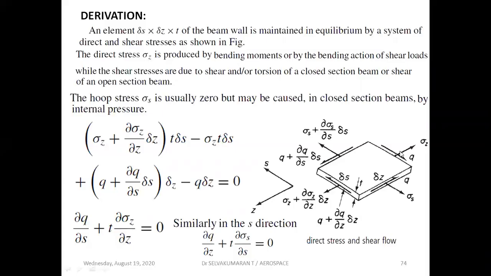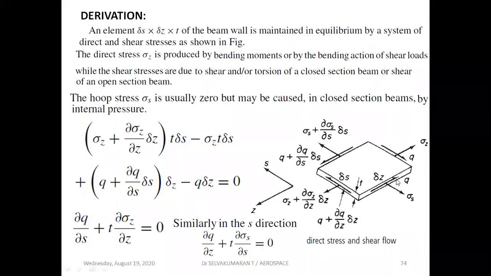And q plus dou q by dou s into delta s is acting in the z direction, in Newton per meter, multiplied by the length delta z in meter, which gives Newton.